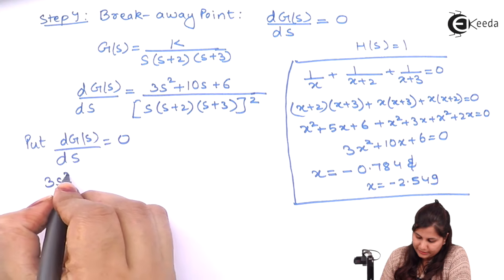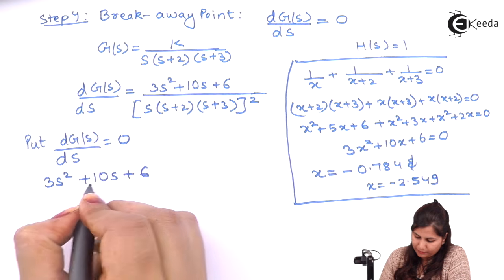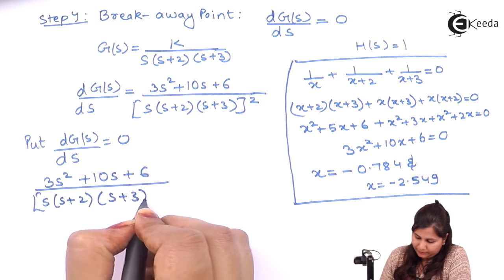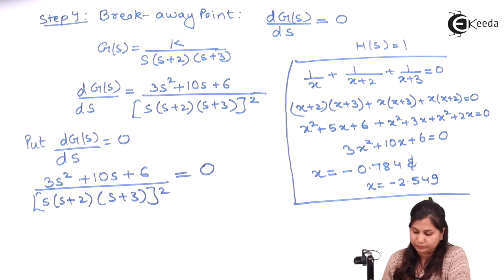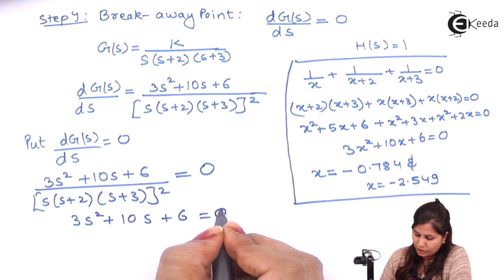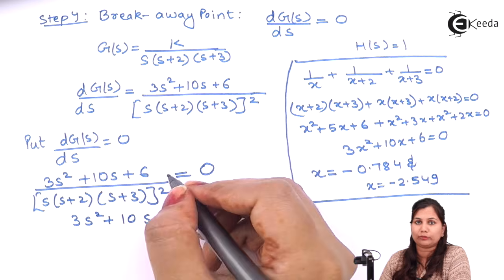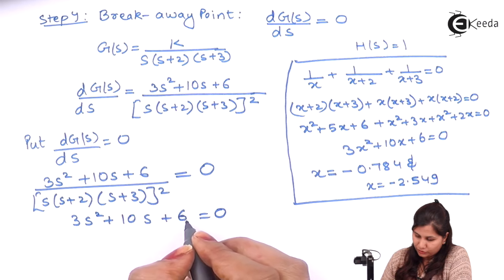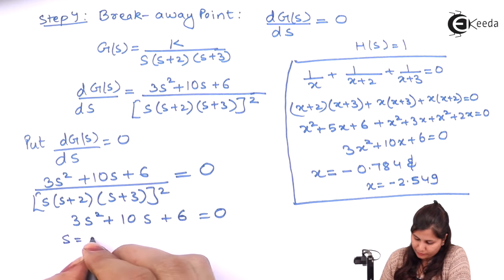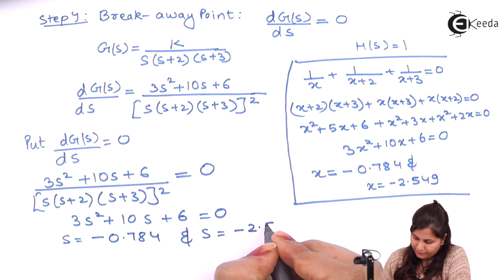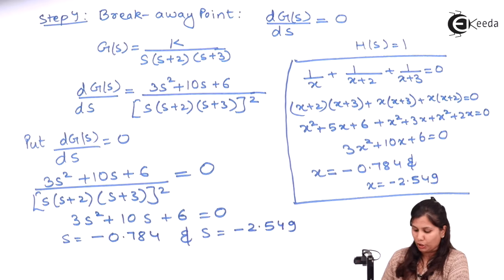So we will get 3s square plus 10s plus 6 equals to 0, because when the denominator term goes to the right hand side, it will be multiplied with 0, so it will become 0. The roots of this equation will be s equals to minus 0.784 and s equals to minus 2.549. Okay, so these are the two values of the breakaway points.